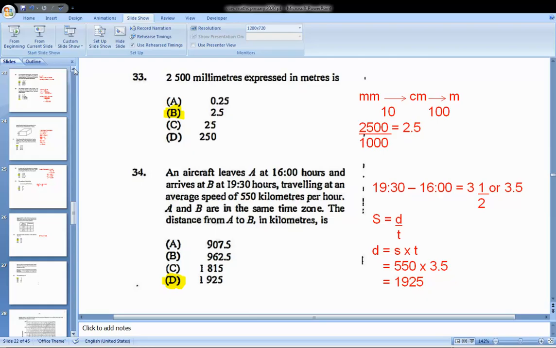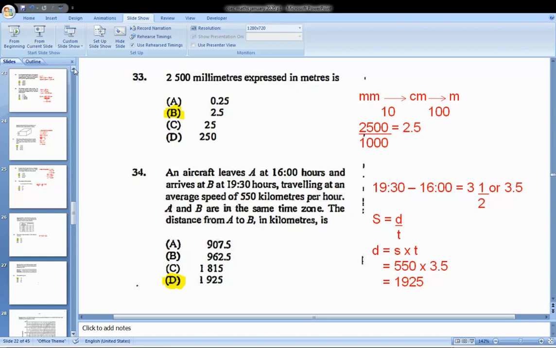So from millimeters to meters, that's 1,000. So 2,500 divided by 1,000 gives us 2.5 meters. So B would be our answer.